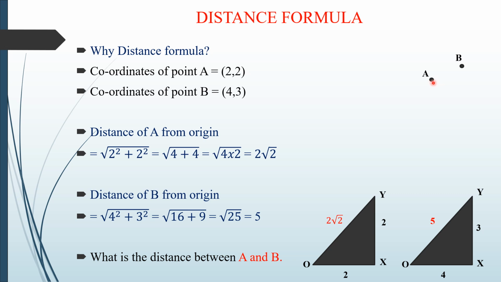If we want to find the distance between any 2 points whose coordinates are given, in that case, this distance formula is going to be very useful. That is also derived on a similar concept that we just used to find the distance of any point from the origin. Let us see how we can derive this formula, that is the distance formula.